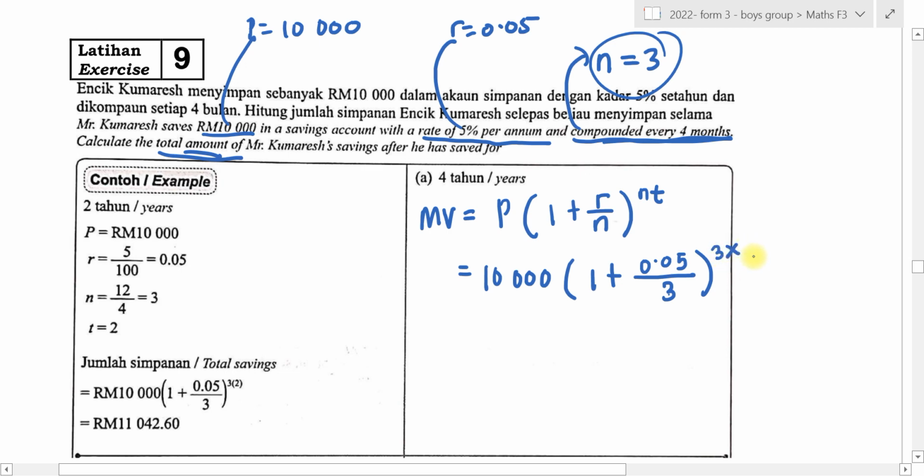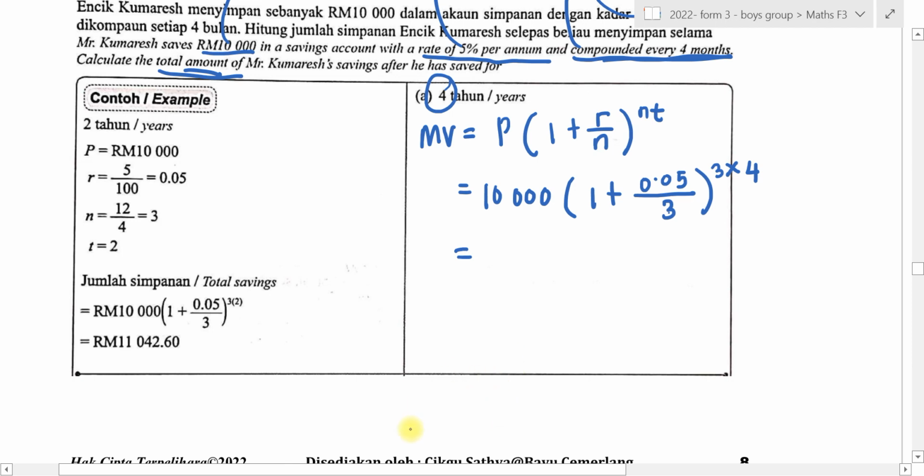And then you multiply by the time. Time is for how many years? For 4 years. That is in the question. Key in exactly like what you can find here in your calculator. If MS calculator, you can key in the same thing also, but it may be like this: 0.05 divide 3, and then you put the power symbol, and then put 3 times 4.